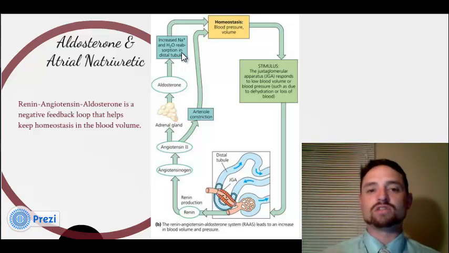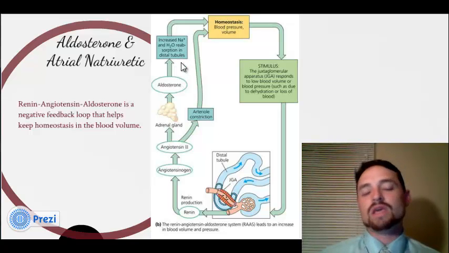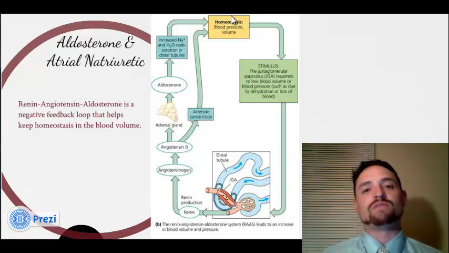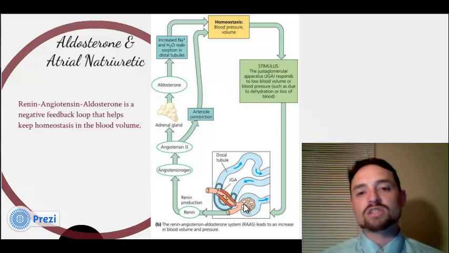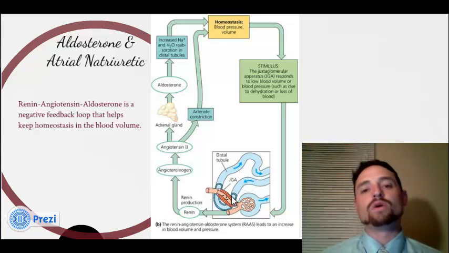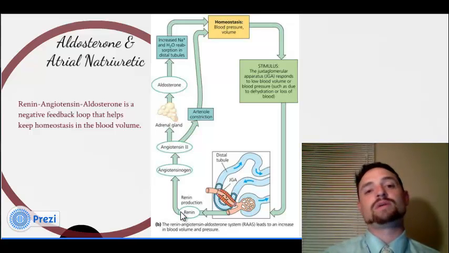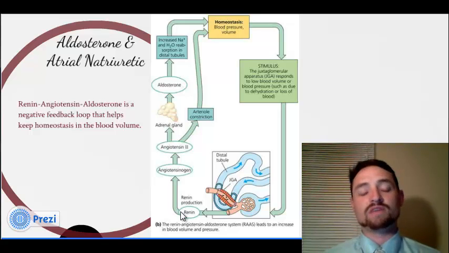Aldosterone increases sodium and water reabsorption in the distal tubes, and that increases the blood pressure and blood volume, brings it back to homeostasis. So the stimulus there, blood volume is too low. The juxtaglomerular apparatus, the JGA, will release renin, and then that renin will cause the reactions to take place to increase sodium and water reabsorption in the distal tubes of the nephron.